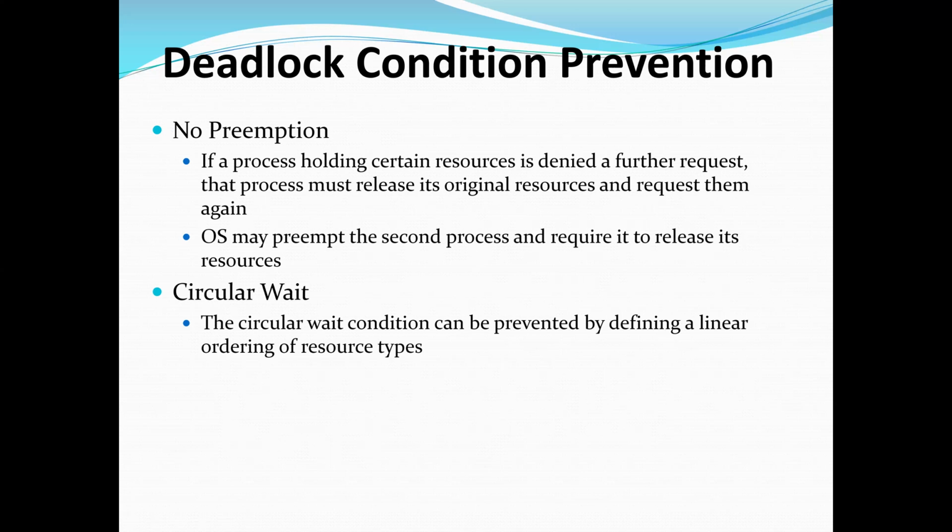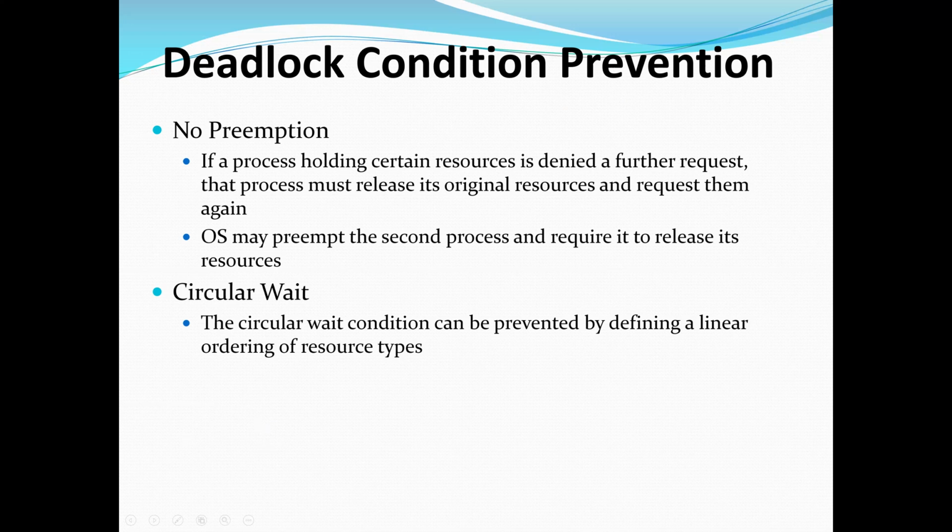So if a process requests a resource that is currently held by another process, the operating system may preempt the second process and require it to release its resources. And the circular wait condition can be prevented by defining a linear ordering of resource types.